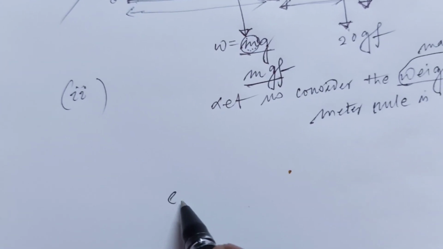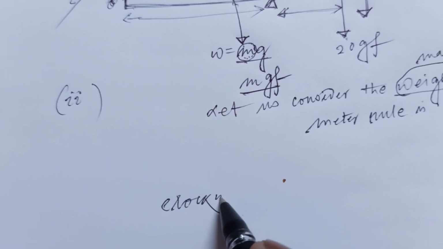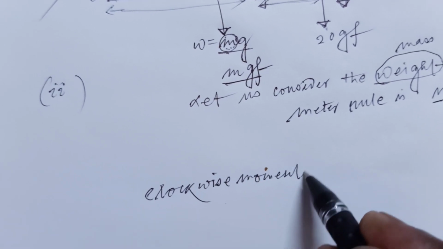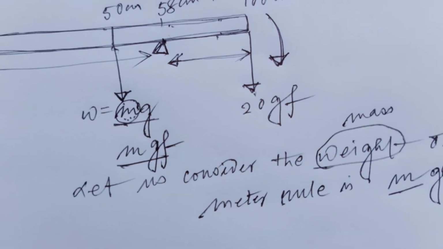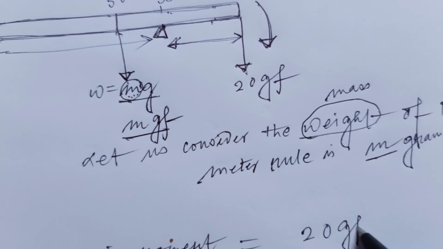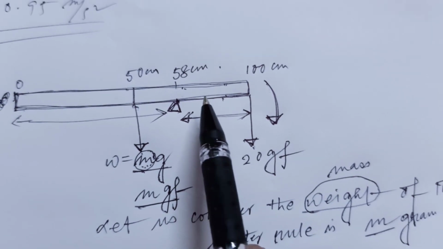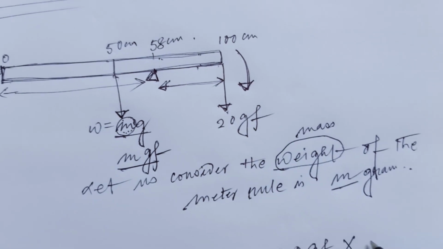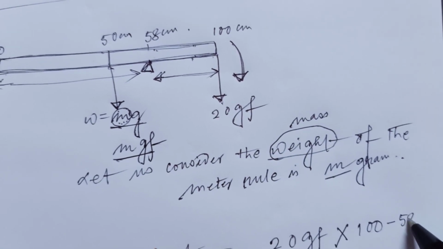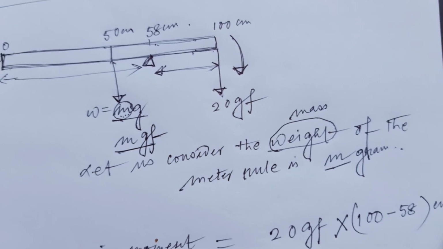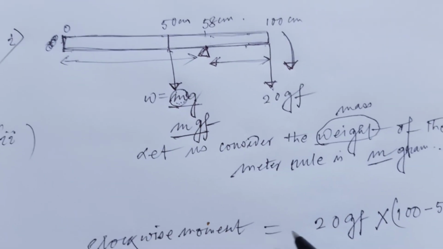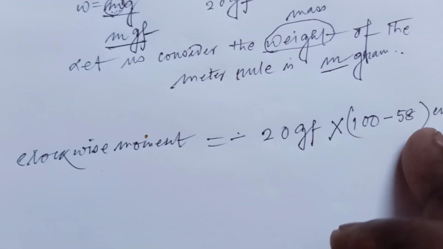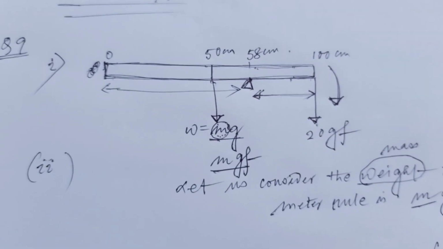The clockwise moment equals 20 gram force into 100 minus 58 centimeter, which is the distance. Clockwise moment is always taken as negative, so this is negative of 20 gram force into (100 minus 58) centimeter.